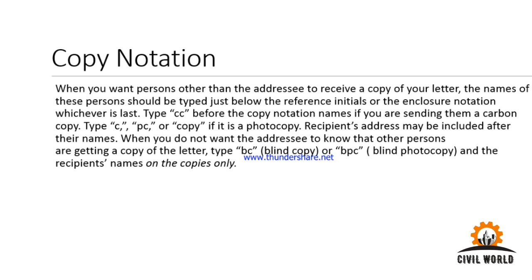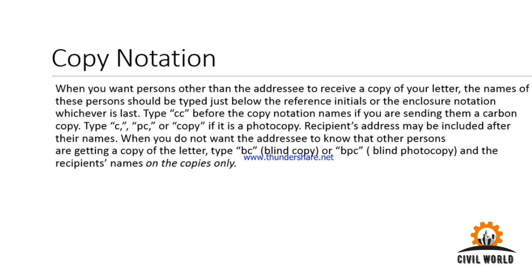So you have to be careful for that. Double C we use for copy notation. Sometimes we use C, but most preferably we use double C. This one is lowercase, but we prefer the uppercase, capital letters.